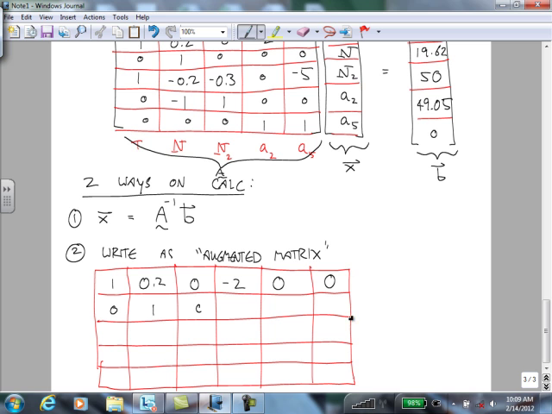So the second row then is 0, 1, 0, 0, 0, 19.62. The third row is 1, -0.2, -0.3, 0, -5, 50. Fourth is 0, -1, +1, 0, 0, 49.05. And the last one is 0, 0, 0, 1, 1, 0.